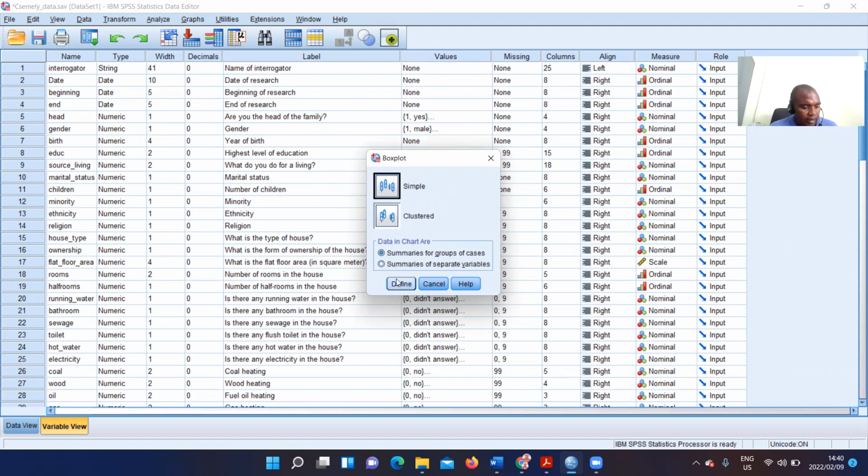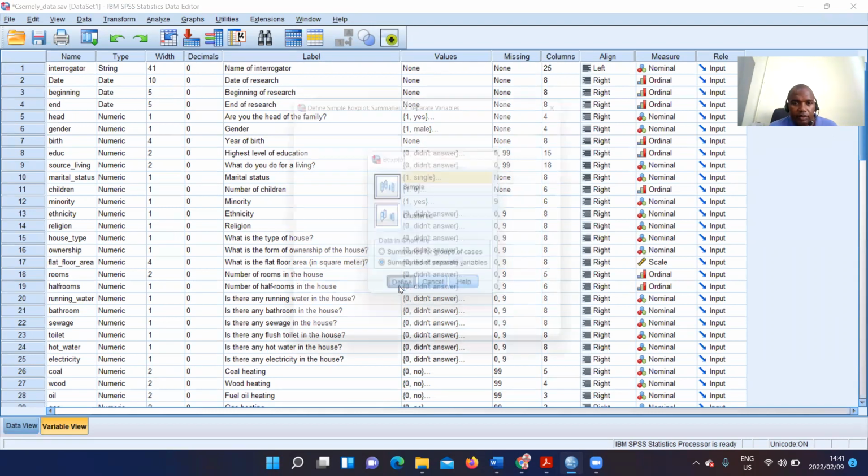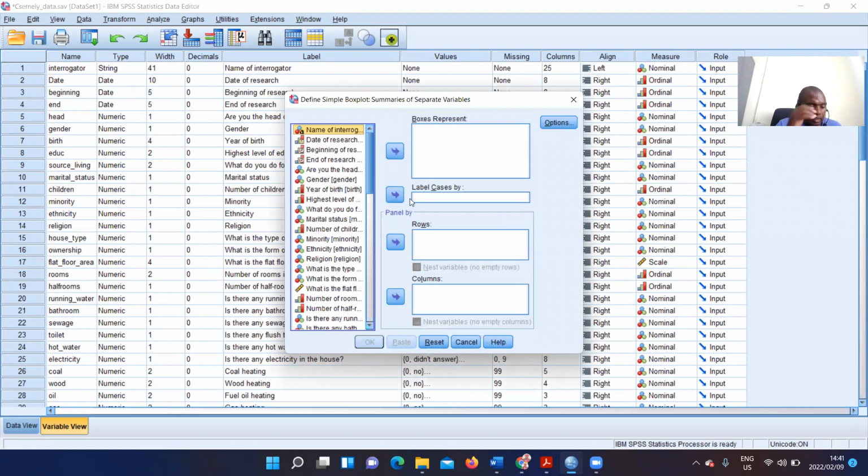And then under the simple, we click summarize. We check that summaries of separate variables.